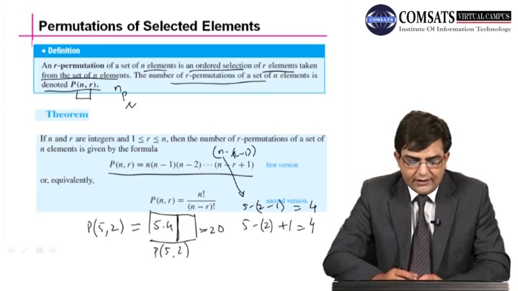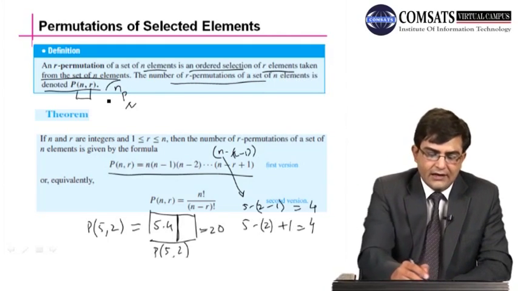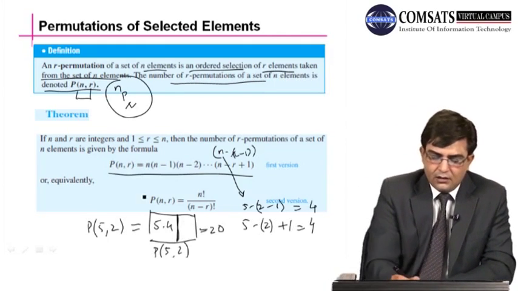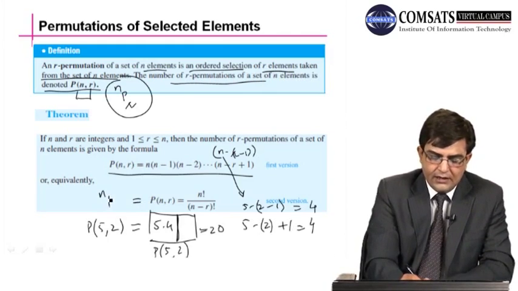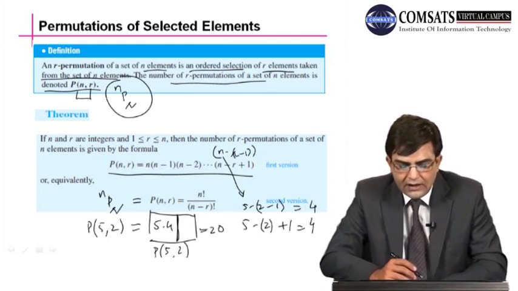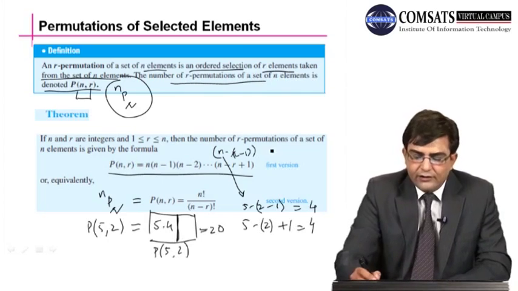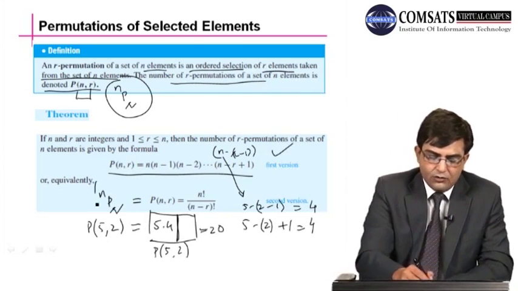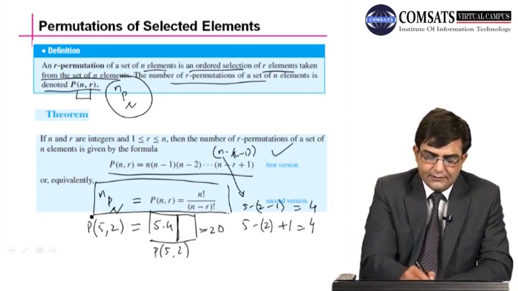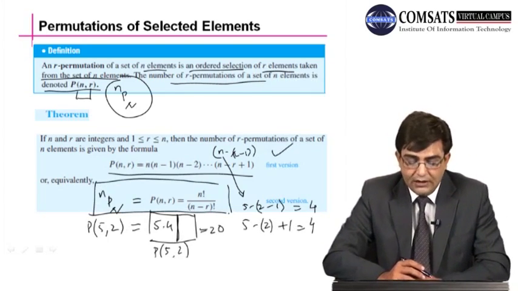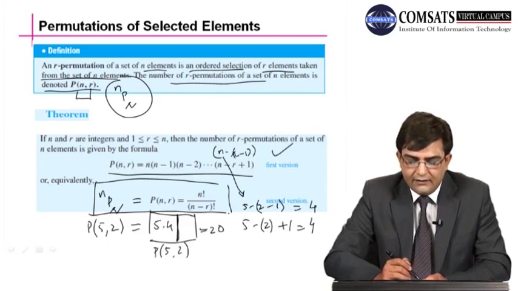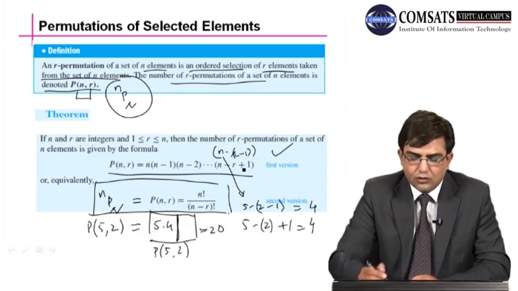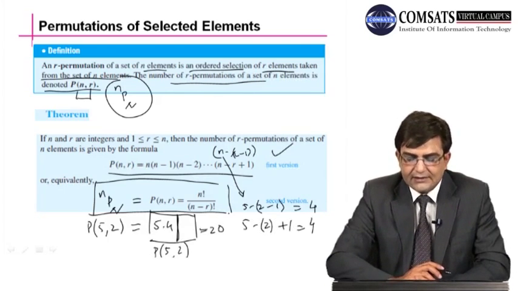So this is how we can calculate P(n, r) or nPr. Like this we can write it also as nPr. So either we can calculate this, or the equivalent formula for calculating this is P(n, r) equal to n factorial over n minus r factorial. Both of these versions will give us the same answer.